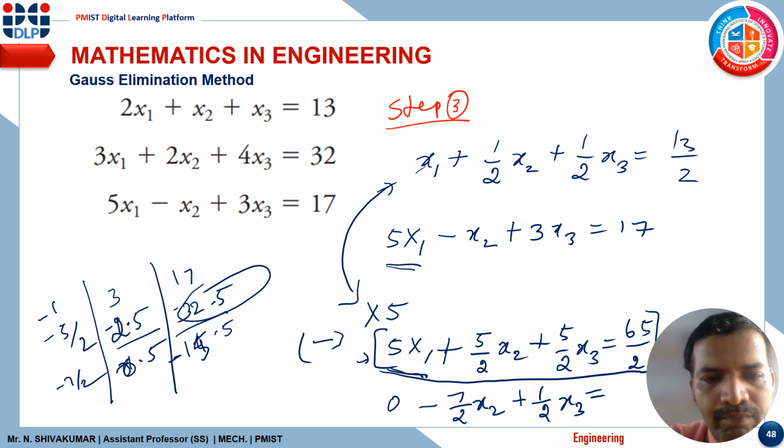Minus 15.5 can be written as minus 31 by 2. Do all of you understand so far?